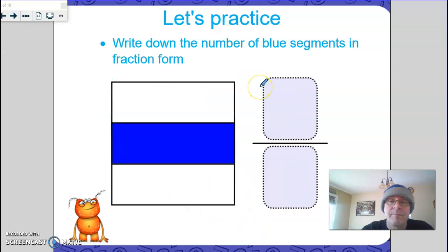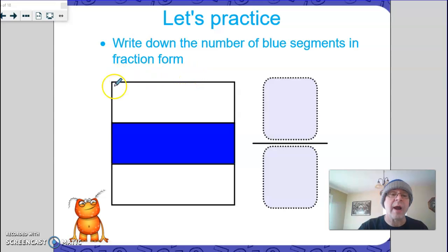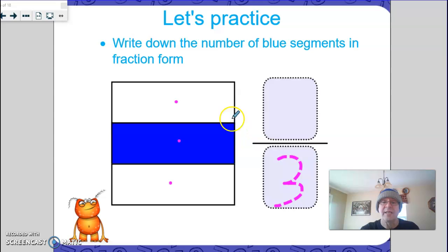Let's move on here. So if this whole square is our whole thing, I guess it's like a rectangle, right? And it's divided up into three equal parts, right? So how many of these pieces does it take to make the whole rectangle? It takes 1, 2, 3 pieces to make one whole thing. So it takes 3 pieces.